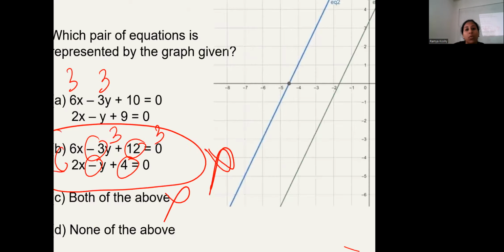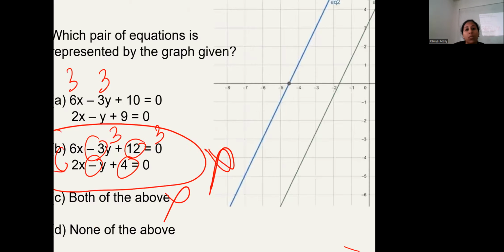If I put y equals 0 here, I will get 6x is equal to minus 10, x equals minus 10 by 6. Minus 10 by 6 is approximately what value? Minus 1.7, something like that, no? So approximately that much, right? And you can see this is almost intersecting there.